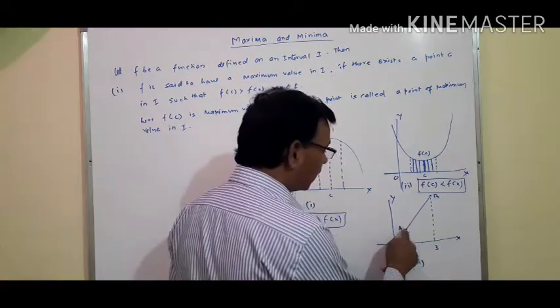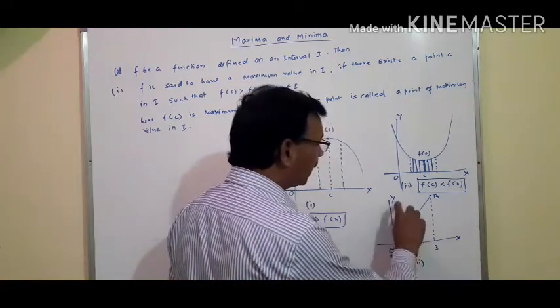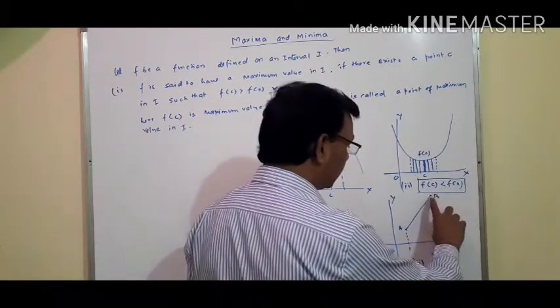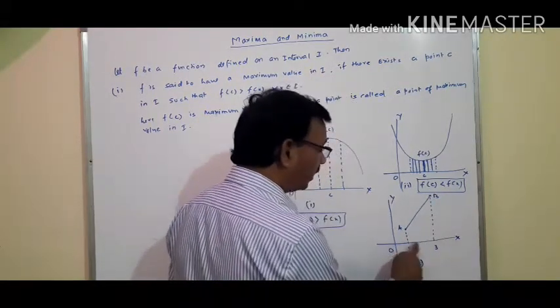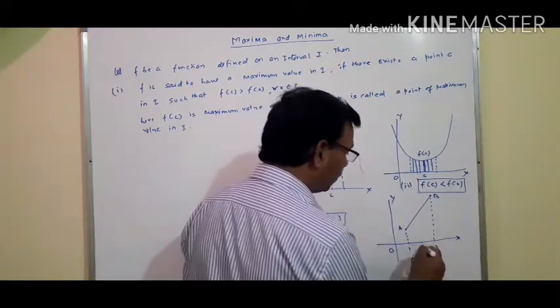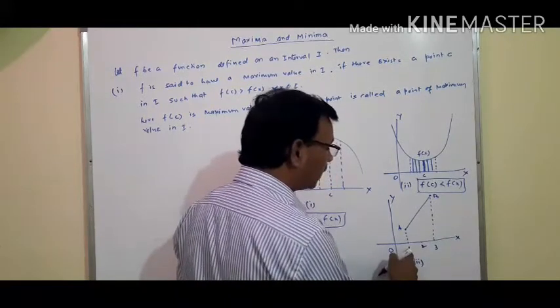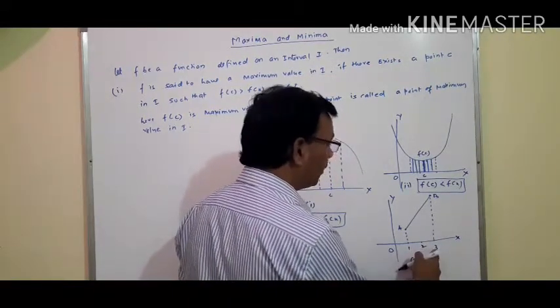At point A this is the minimum value of the graph, and at point B this is the maximum value. Suppose here are 1, 2, 3. Now f of 1 is the minimum value and f of 3 is the maximum value.